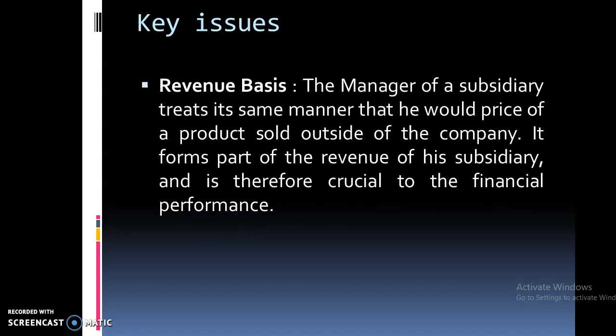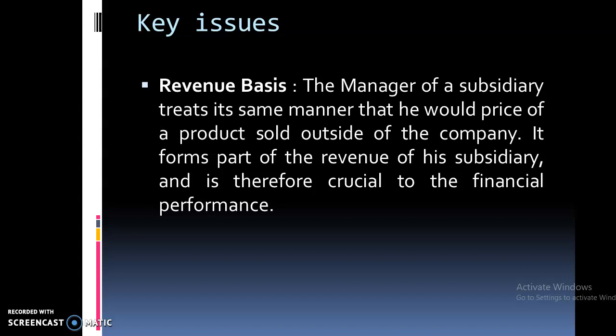Let's look into the key issues faced at the time of transfer pricing. The first key issue is the revenue basis issue. What is that? The manager of the subsidiary company sells goods to outside customers at the market price. The same price is then applied when selling to the other subsidiary units.